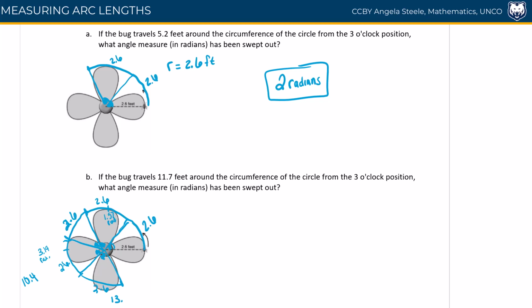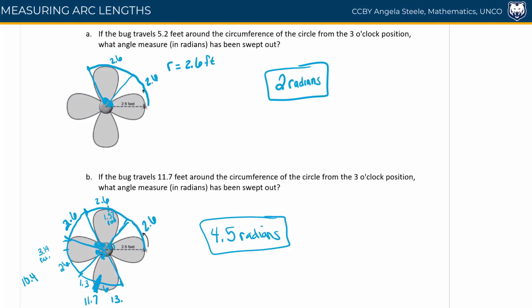And so we want to be somewhere right in between, and conveniently 11.7 is exactly halfway on that last radian. So we're going to go an additional 1.3. If we take the 10.4, add our 1.3, or half of that distance, that brings us to the 11.7. So that means we've gone a total of 4.5 radians. Okay, so that is the angle measure that the bug has traveled.